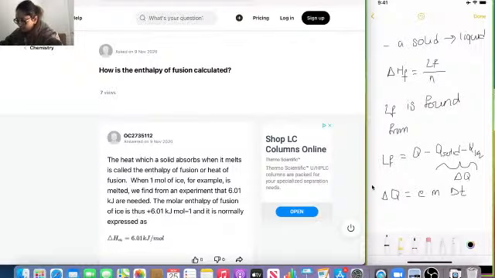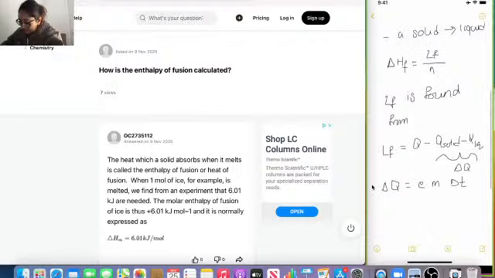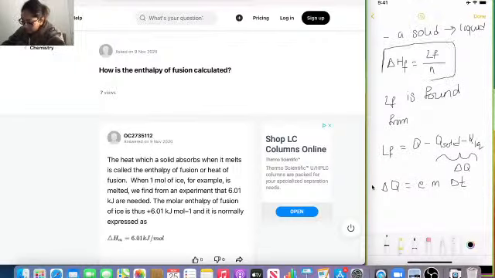LF is the latent heat of fusion. So this is how you calculate the enthalpy of fusion with this equation, and N is the number of moles.